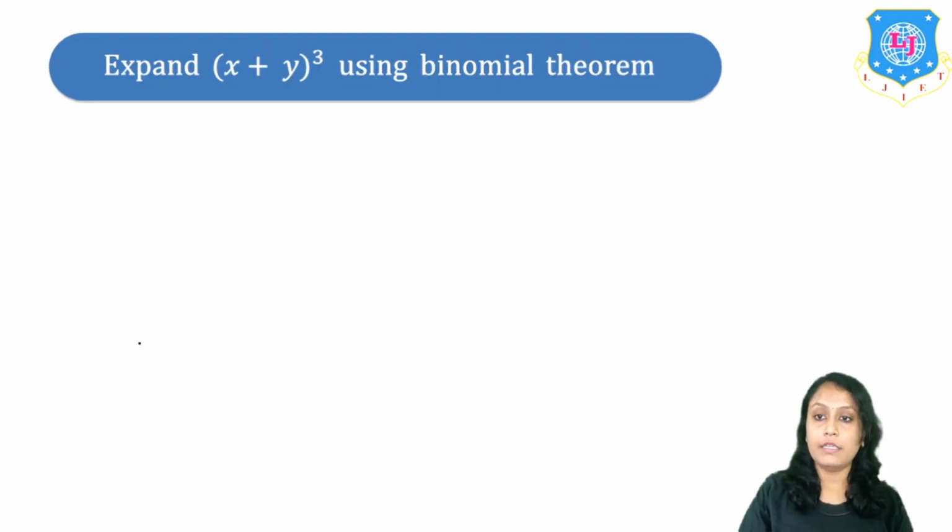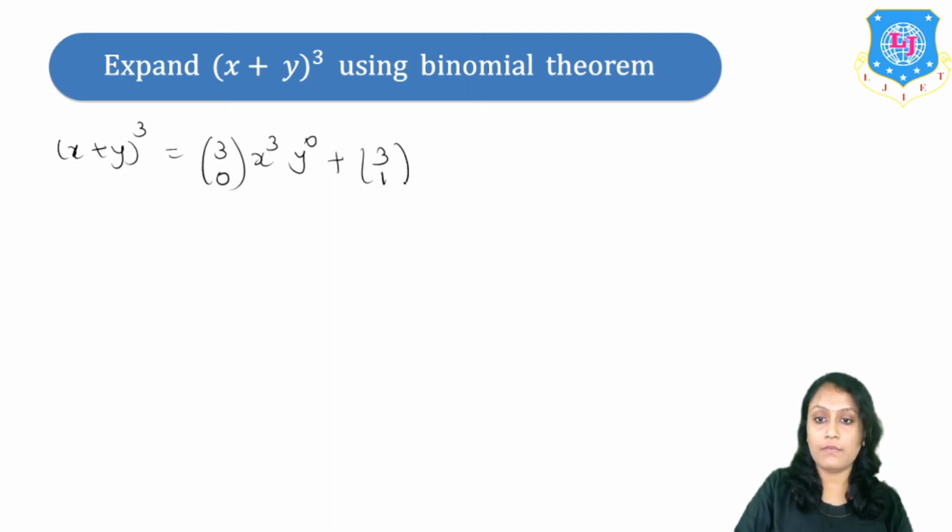Now let's study one example. Expand (x + y)³ using binomial theorem. Here n is 3, so we'll start from 3C0 x³ y⁰. Give the highest power to x and start from 0.